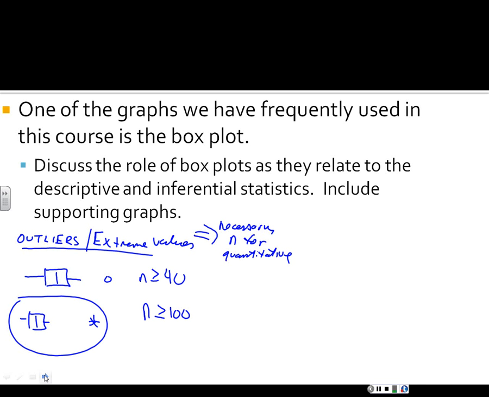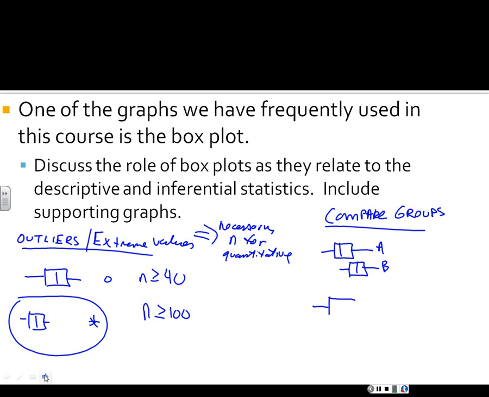Okay, the other thing is really, we've used them to compare groups. So, for example, if we had something like that, that would just support the idea that there's a real difference between A and B. You can just see it visually.